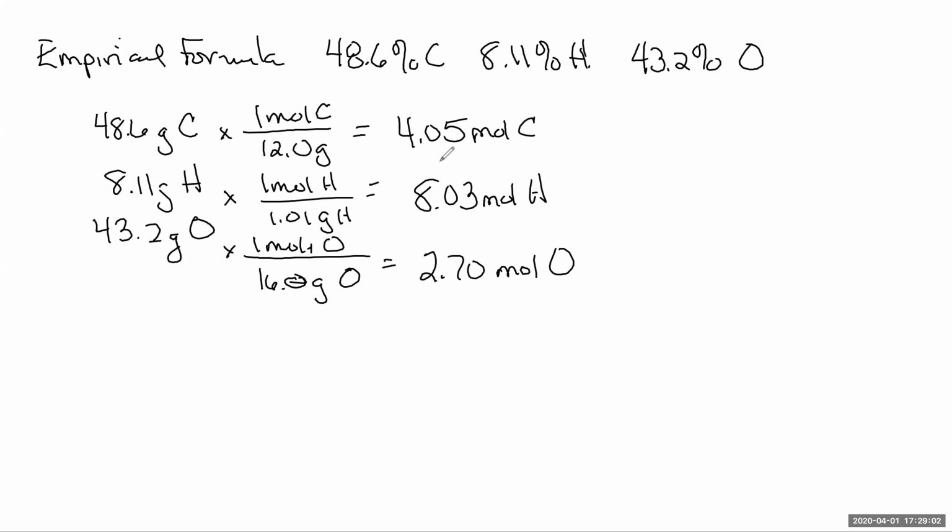Again, these numbers now, 4.05, 8.03, and 2.70 is my actual ratio. But I don't want the actual ratio in those terms. I want them in the lowest whole number. So I'm going to take 4.05 to 8.03 to 2.70, and I want to get it to the lowest ratio. So I'm going to divide them all by the smallest one.